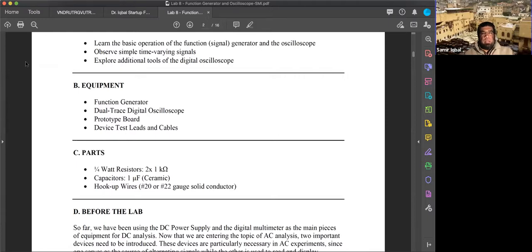Now, when you input a signal to a circuit, your circuit would do something. Maybe it's a circuit to reduce voltage, a voltage divider, maybe it's a circuit to amplify a signal, whatever that circuit does. So how do we know what the signal is after going through a certain circuit?